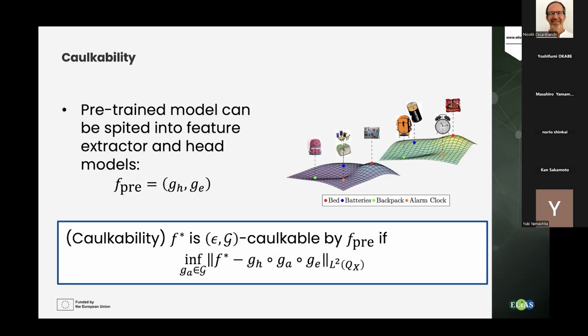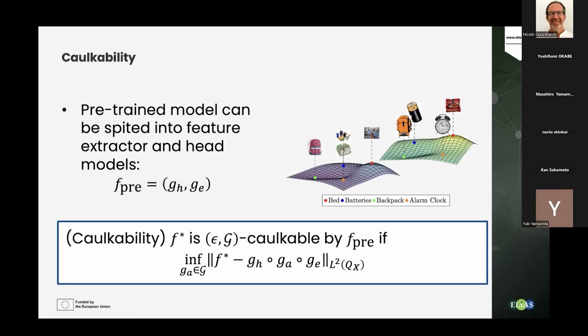And what chokeability says is that by inserting some adapter model in the middle of this split, the underlying regression function can be recovered.